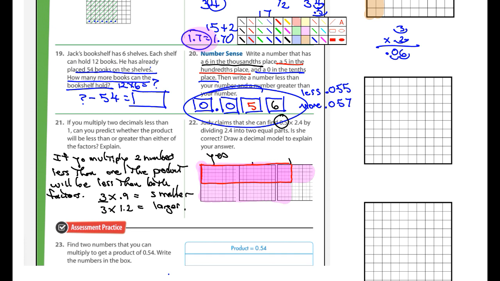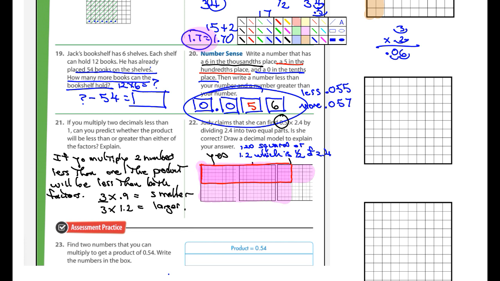So there's 120 squares, or 1.2, which is half of 2.4.